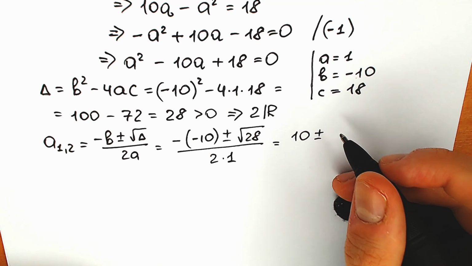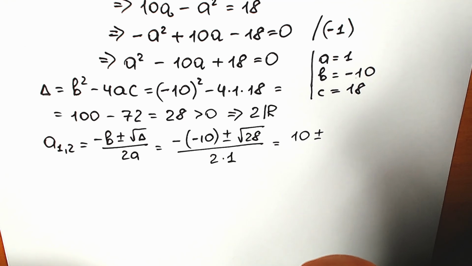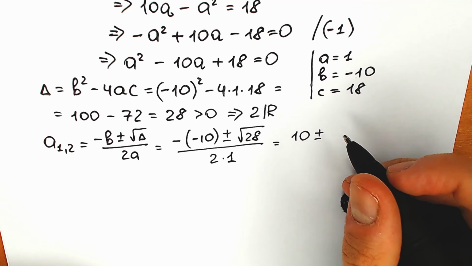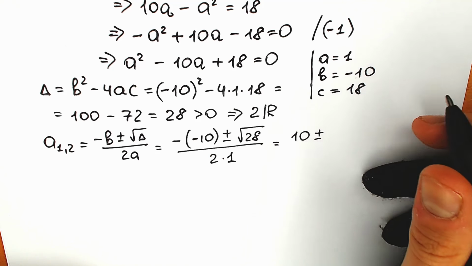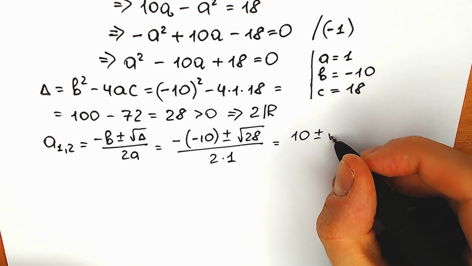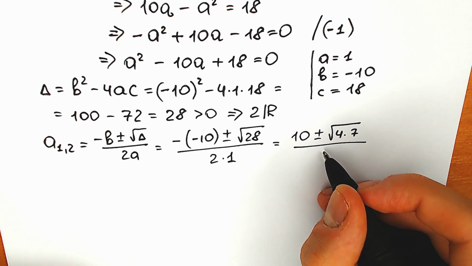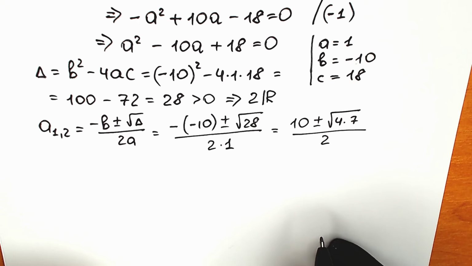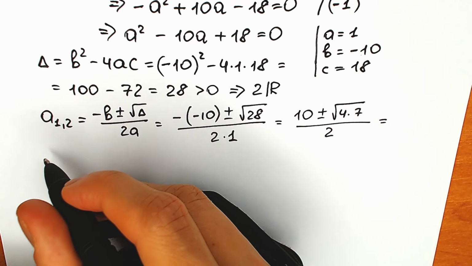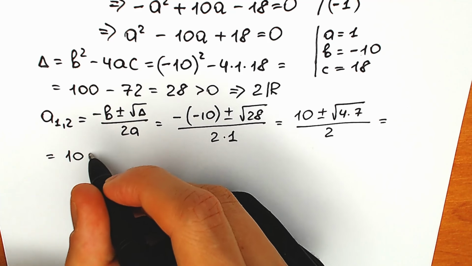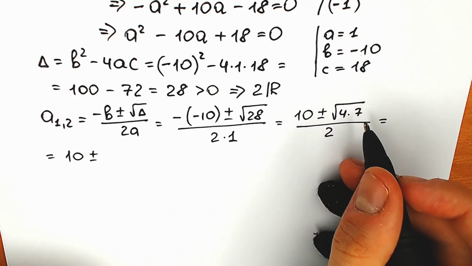How can we express that best? Because 28 is not a perfect square, we have to simplify this. We can write it as 4 times 7, maybe the best way to express it, all over 2. So it equals 10 plus minus the square root of 4 times 7.